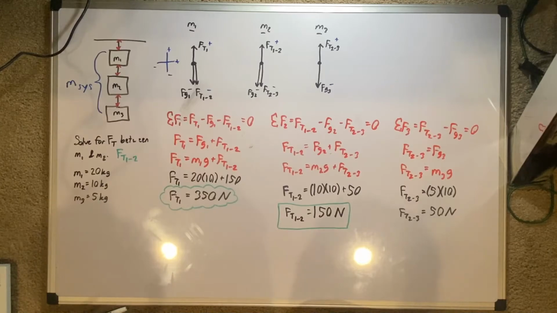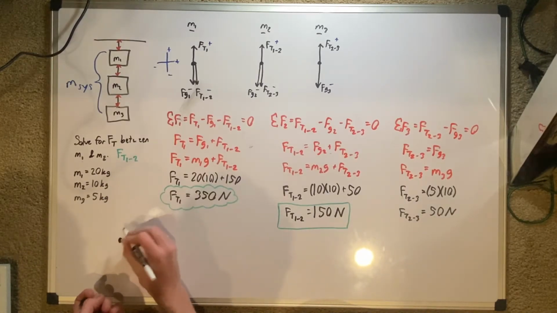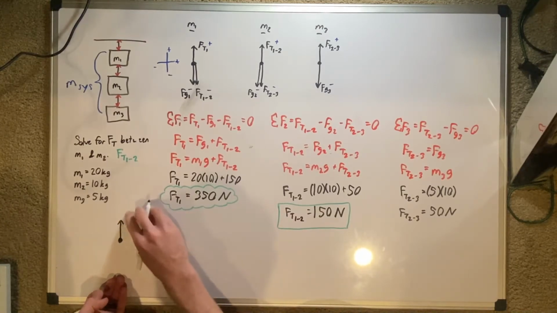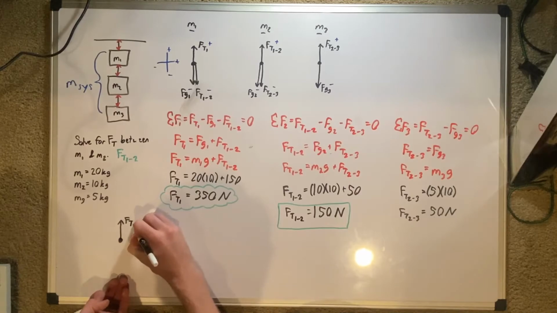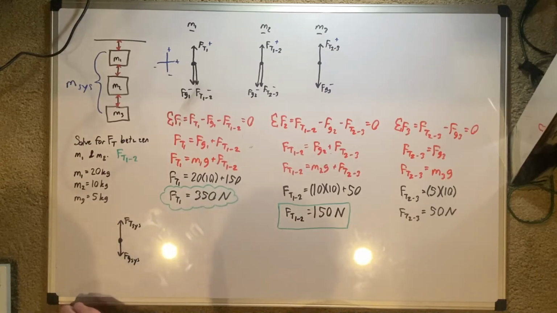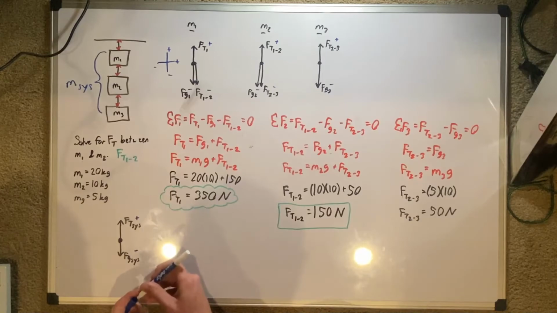If I wanted to create a free body diagram that would represent that, I would go like this, and we have a force of tension that goes upwards over the system, and then we have a force of gravity over the system. And then set our positives and negatives. We have it already up here. This is a positive, this is a negative.